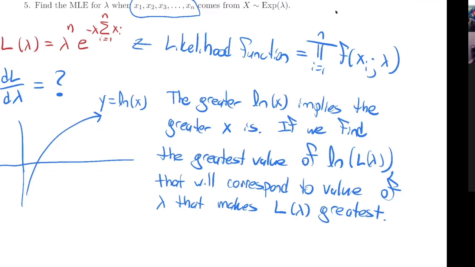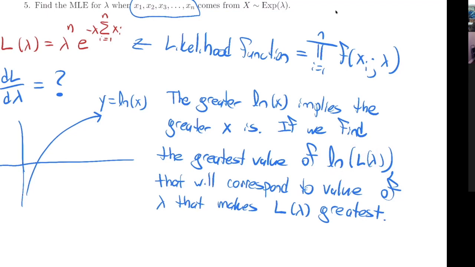But before I do that, I just want to make sure it's clear. What we're trying to do is find the value of lambda that makes this thing biggest. So let me instead consider the natural log of that thing. If I can find the value of lambda that makes the natural log of this greatest, it's also going to be the value of lambda that makes L biggest.